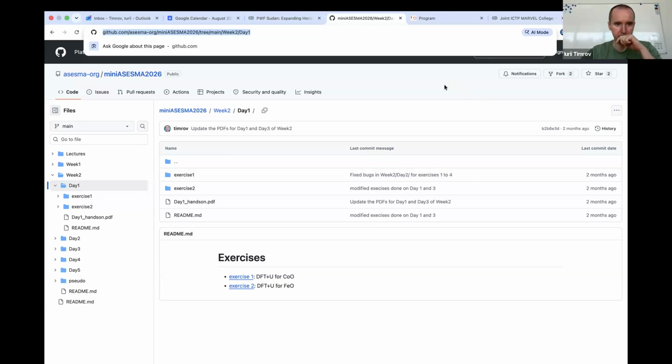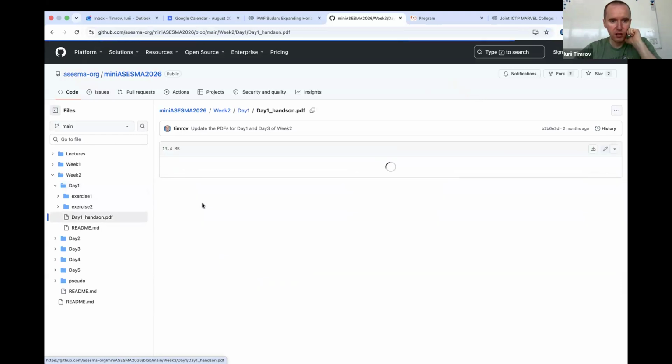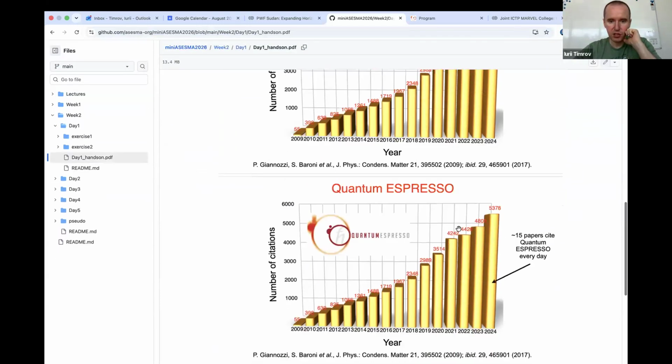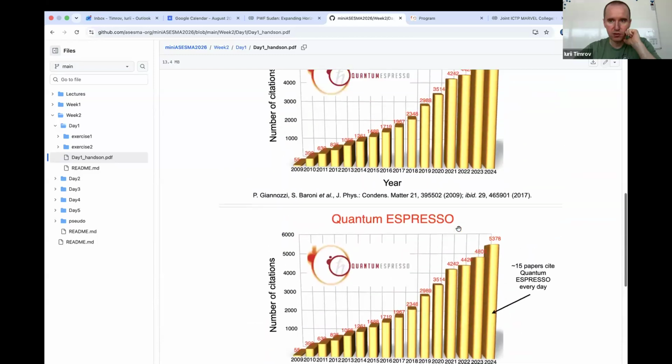There are two exercises. Exercise 1 for cobalt oxide and exercise 2 about iron oxide. There is a PDF document here called Day 1 Hands-On. You can click on the PDF and it describes what to do, step by step, an introduction, and what to do.